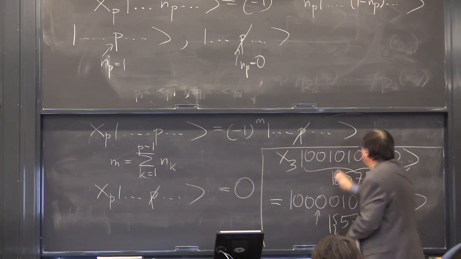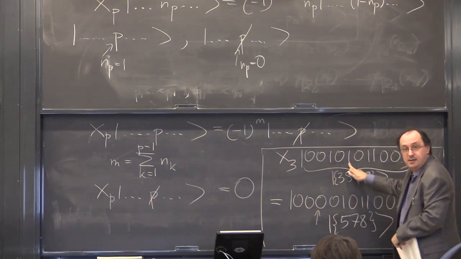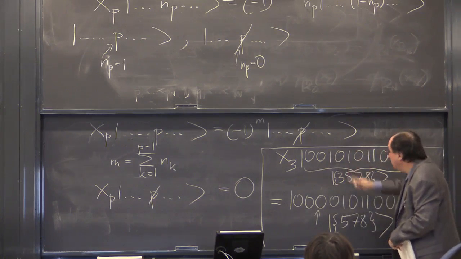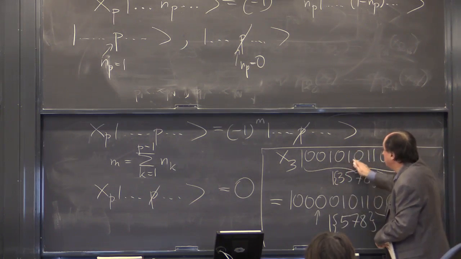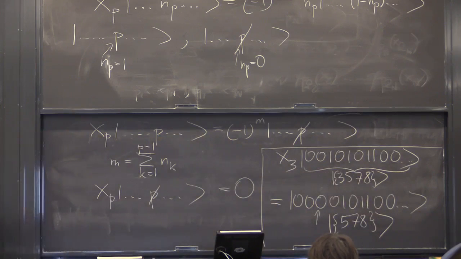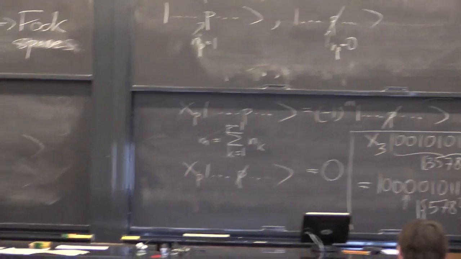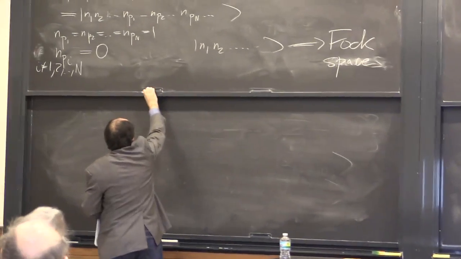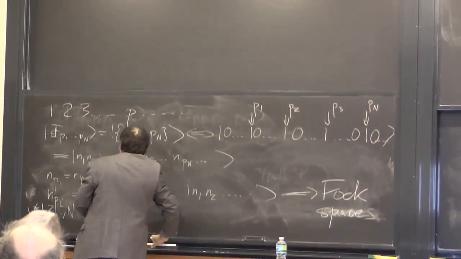What if I try to remove from here? You can see what's going to happen. The difference, if I try to remove from here, maybe I'll write it as well. Since I will be writing more, let's do it here.